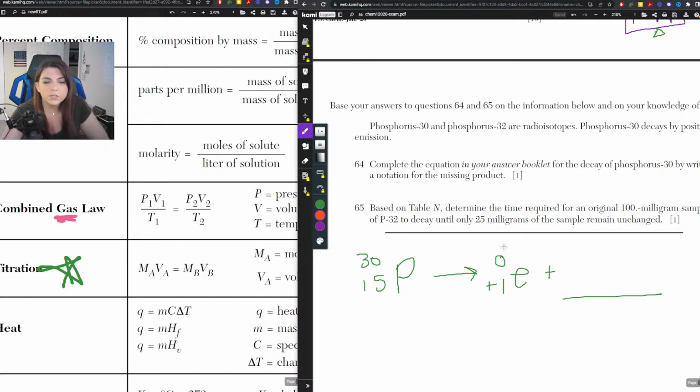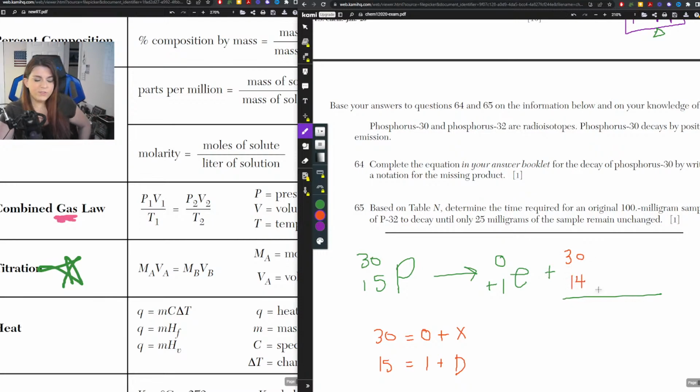So I'm going to do the numbers across the top. 30 is equal to 0 plus mystery number. That mystery number would have to be 30. And then across the bottom, we have 15 is equal to positive 1 plus some mystery number. And that mystery number, we're going to make it D. And that would be 14.